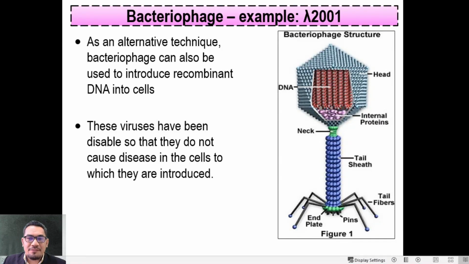As an alternative technique, bacteriophage can also be used to introduce recombinant DNA into cells. These viruses have been disabled so that they do not cause disease in the cell to which they are introduced.